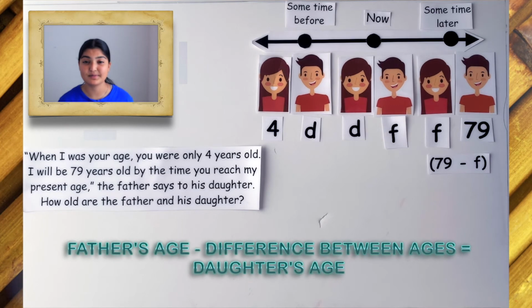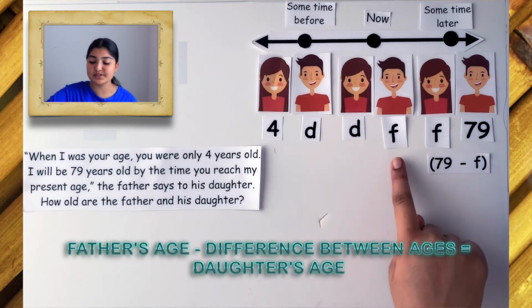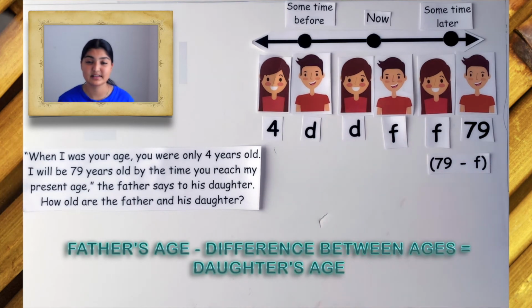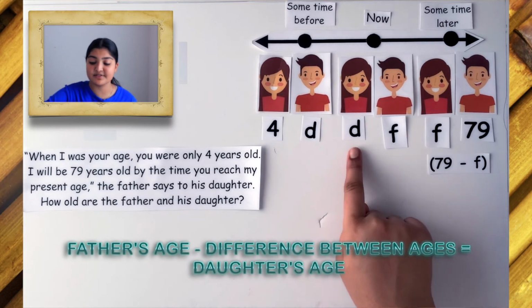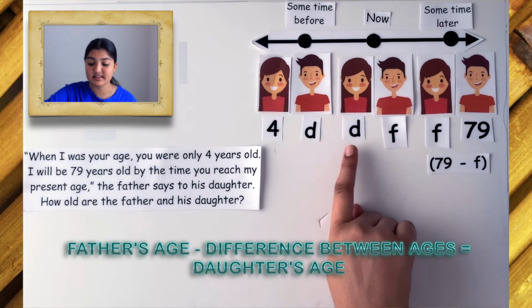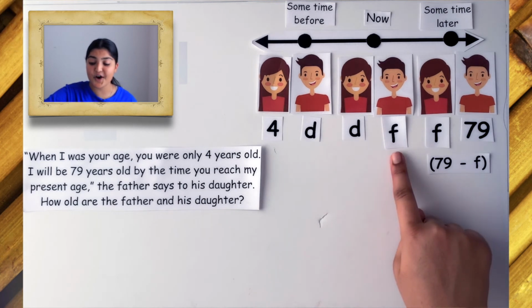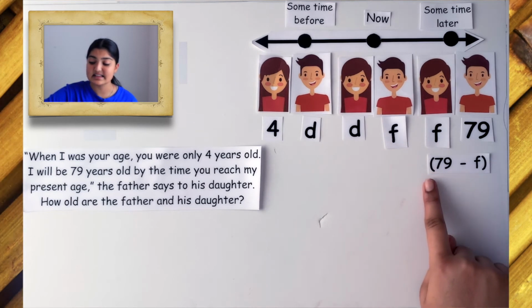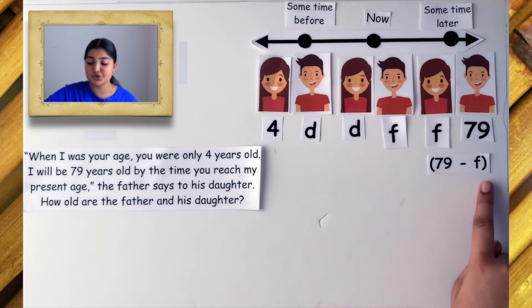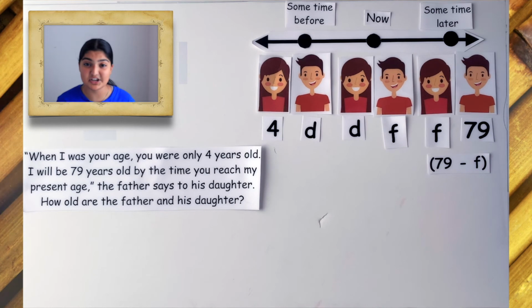Because remember, we do not want to have 2 different variables. So, to get rid of the variable D, we can subtract the father's age now minus the difference between the two ages. So let's do that.